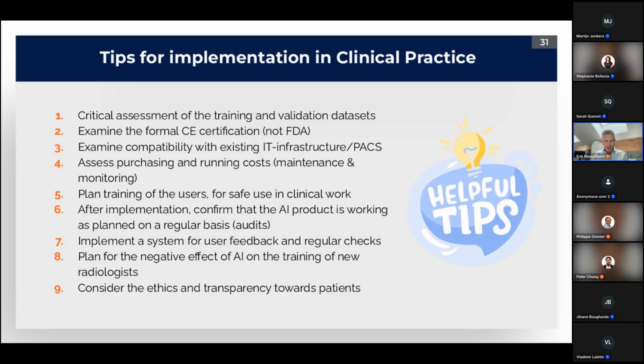So you have to do some audits. There are even some audits available from the Royal College of Radiologists, but now I'm talking about lung cancer screening. You also have to implement a system for providing user feedback and to do regular checks. Plan for the negative effect of AI on the training of new young radiologists, and also consider the ethics and transparency towards patients. Next slide.